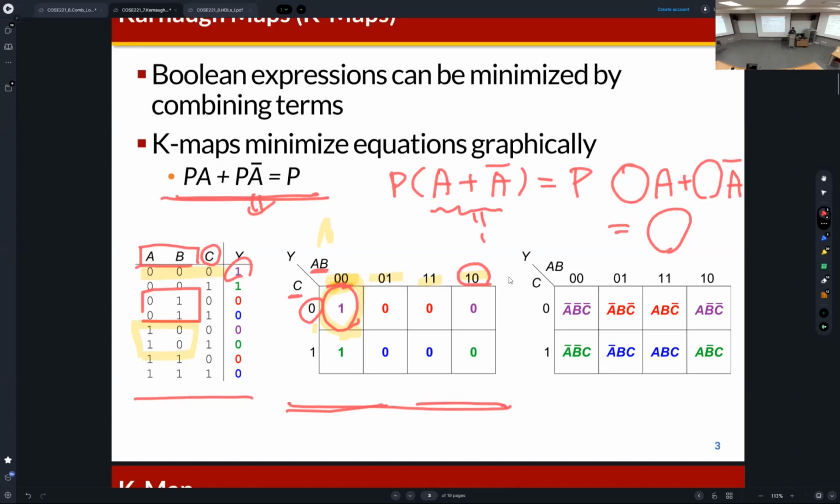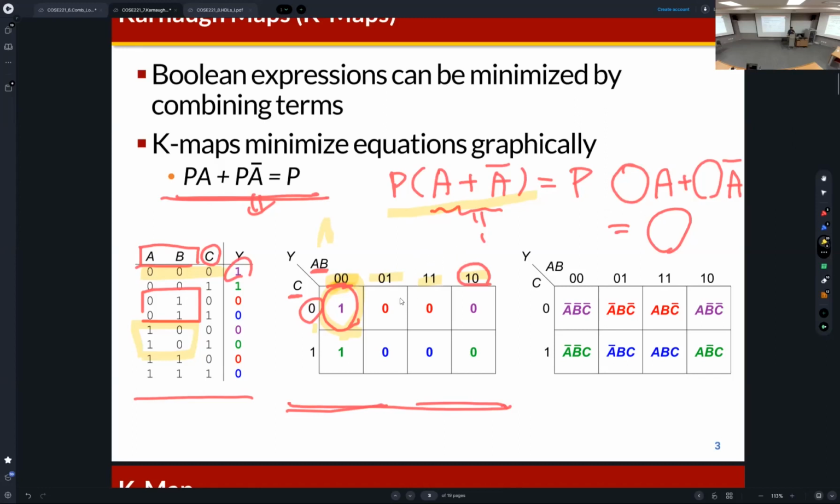It is because we need to use this theorem, A plus A bar. If you see the AB here, 0 1 means A bar B, and then 1 1 means A B. But if we used 1 0 here, it would mean A B bar.